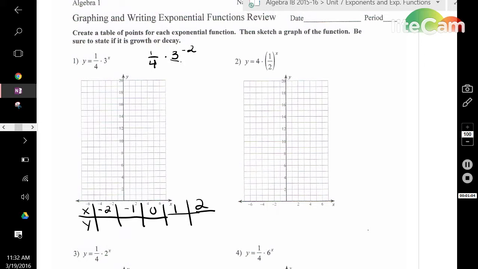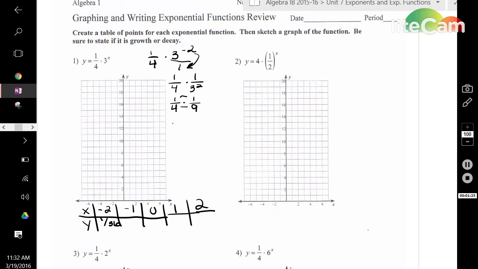In order to make it positive, we have to put it to the bottom of a fraction. So I'd end up with 1/4 times 1/3 squared. 3 squared is 9, so I'd have 1/4 times 1/9. When you multiply the tops and bottoms, we end up with 1/36.